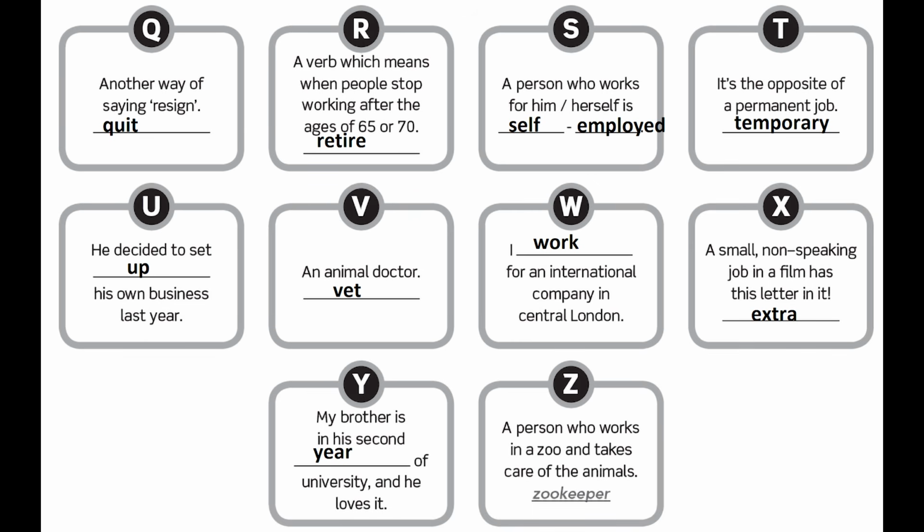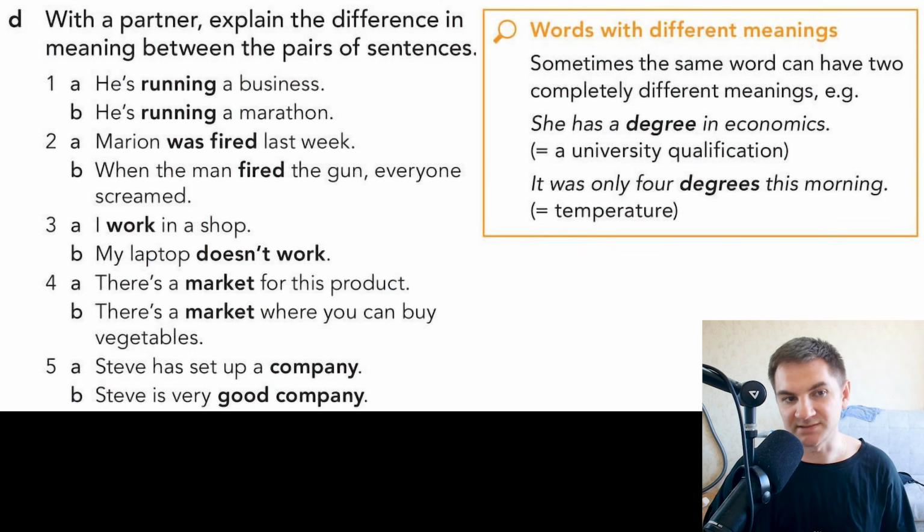X. A small non-speaking job in a film has this letter in it. Extra. Y. My brother is in his second year of university and he loves it. Z. A person who works in a zoo and takes care of the animals. Zookeeper.